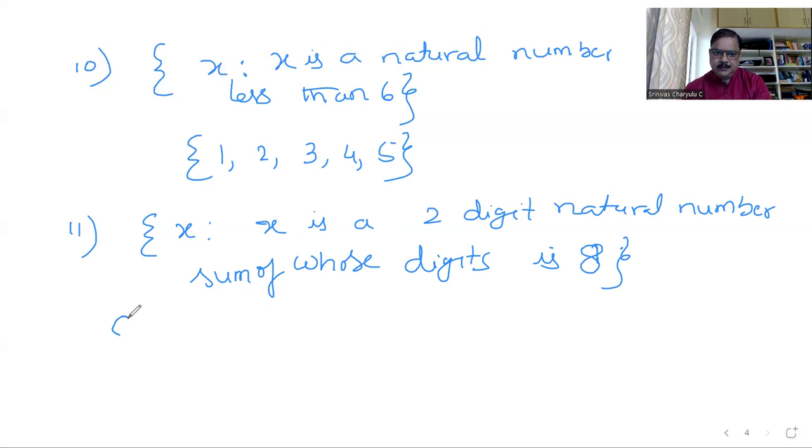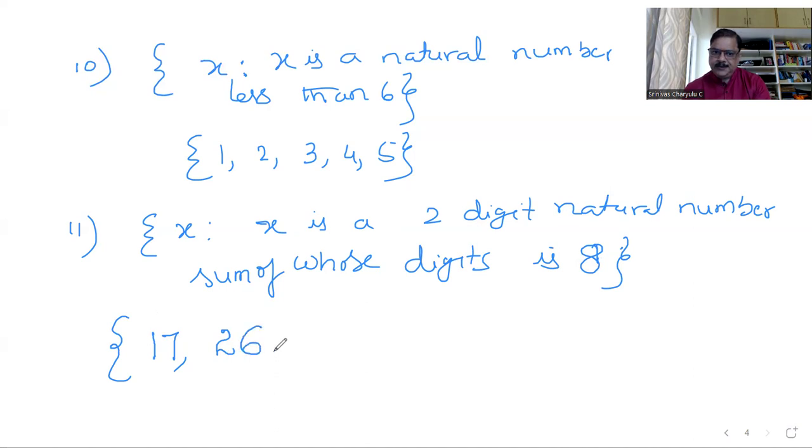So how do we start? Let us start with first digit 1. Next number to get 8, I must write 17. So 17 is a 2-digit natural number starting with 1, and 1 plus 7 is equal to 8. Next, the natural number is 2, in the list 1, 2, 3 like that. I am taking the first digit 2.